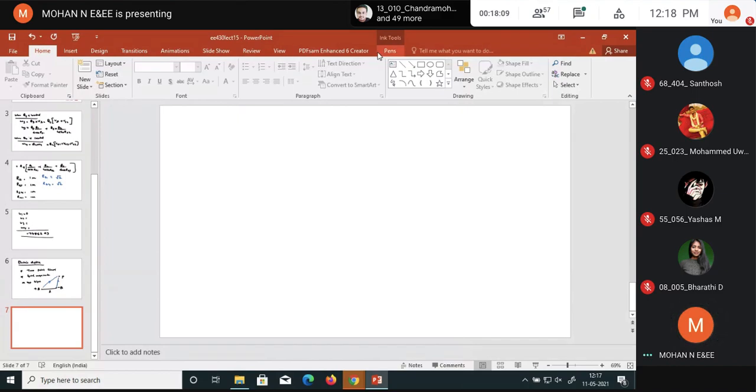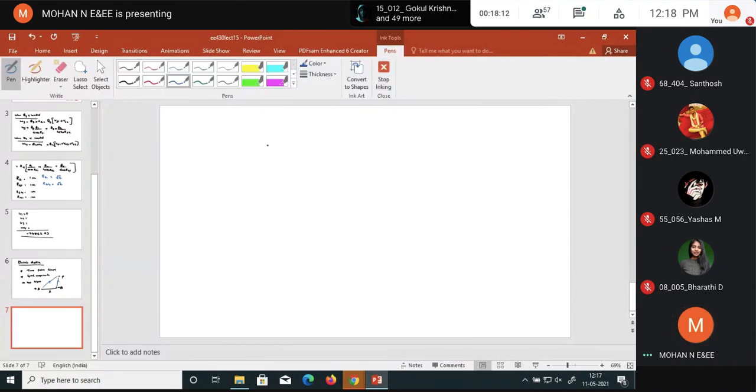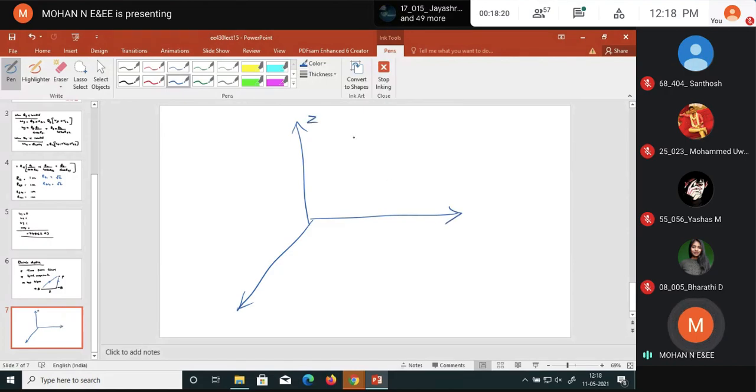So let me have a scenario like this. This is the z-axis, this is the y-axis, and this is the x-axis. Let me have a point A here and a point B here, with plus Q here and minus Q here. Let me have a point P here.